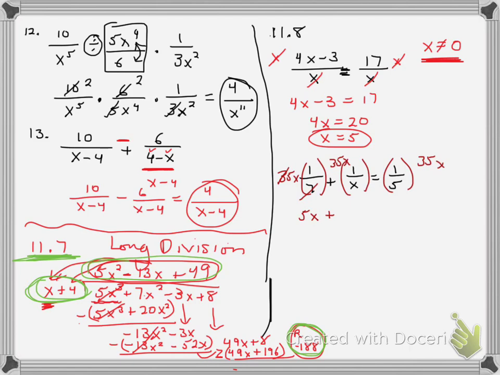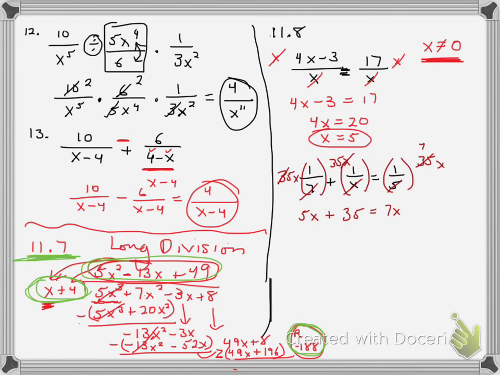Notice how when I do this, I lose the denominator, right? 35 times 1 is 35. And 5 goes into 35, 7, and so 7x times 1 is 7x.